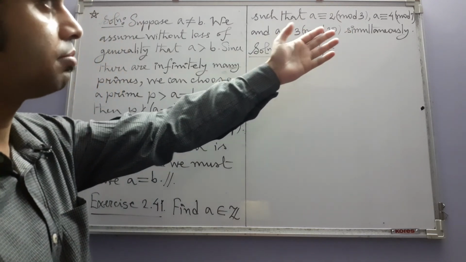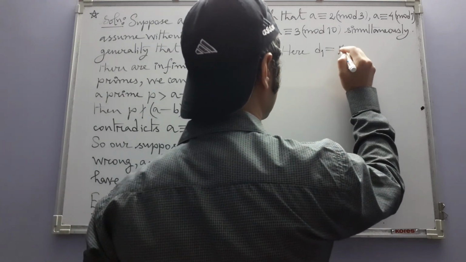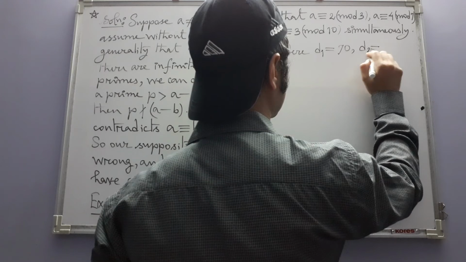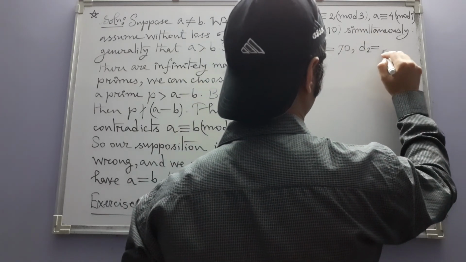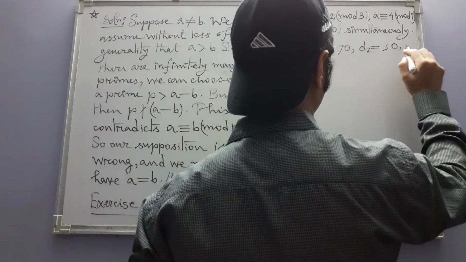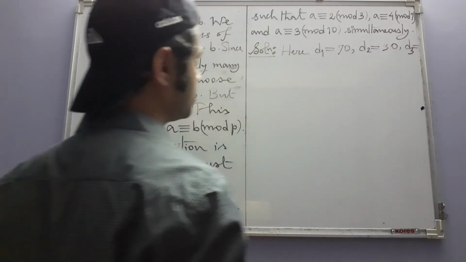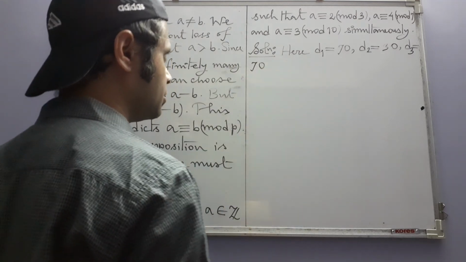So that means it's the product of 7 and 10, so this is 70. Just like that, D2 is the product of 3 and 10, 30, and D3 is the product of 3 and 7, 21.